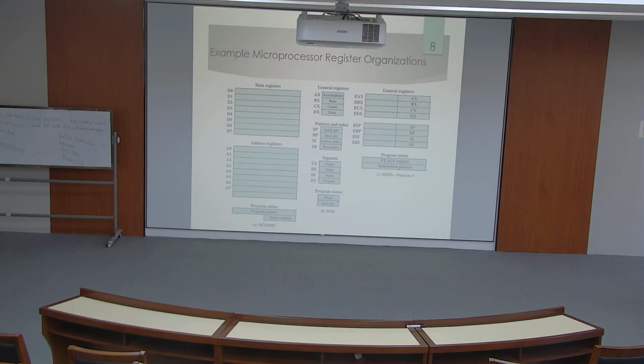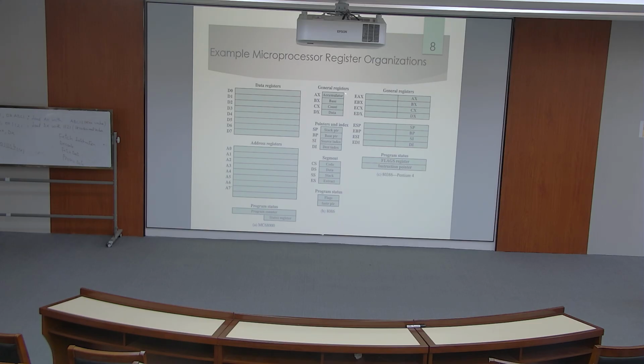We have examples of processor register organization. We have data registers, address registers, and also program counter and status register. This is for the MC68000 microprocessor.